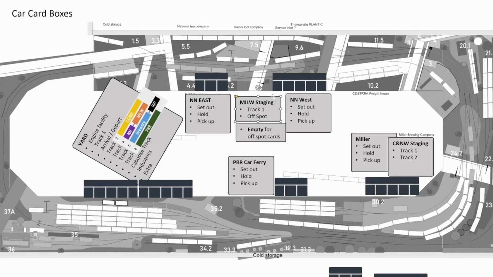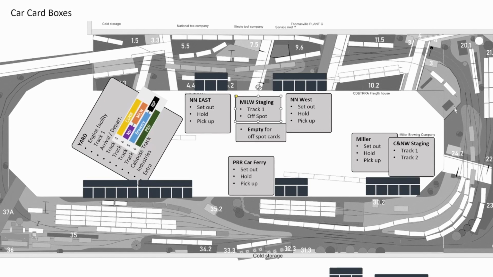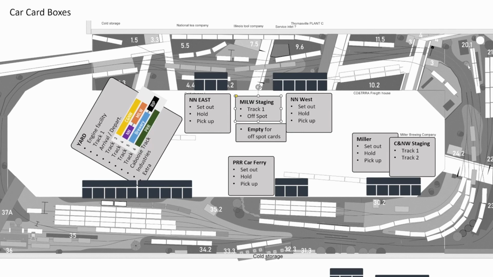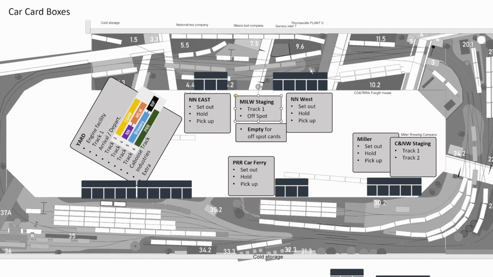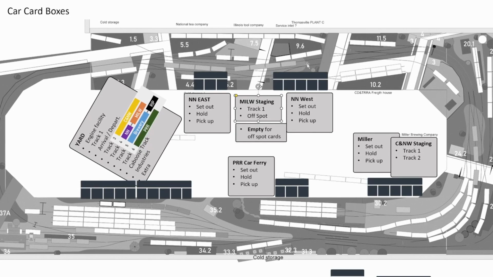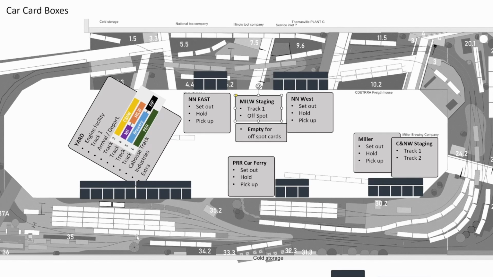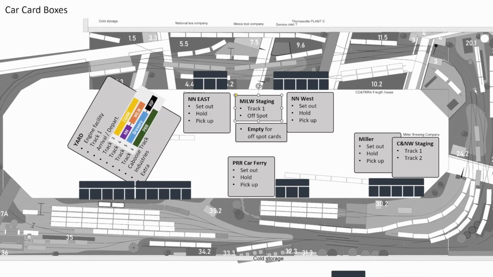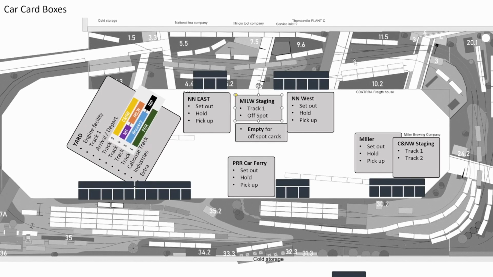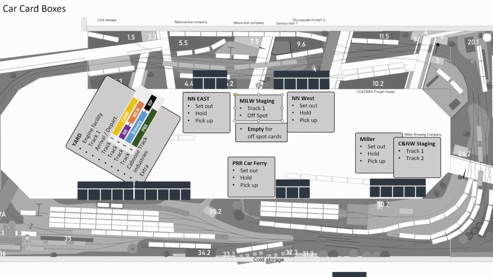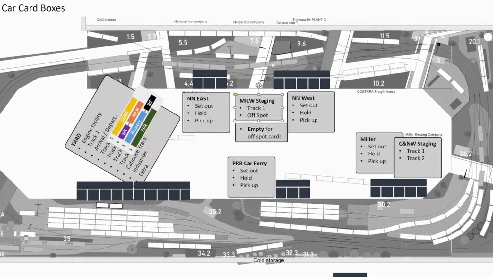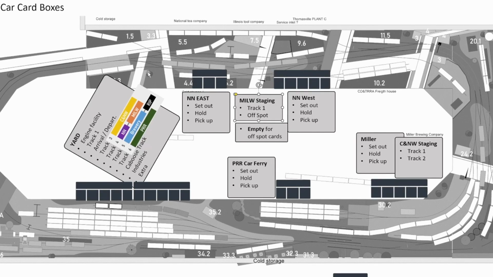Why do I have that? Well, because if we have cars coming in from here on the right of the layout, let's say from the brewery, and they have to go to this interchange that's here in the middle, then they don't need to go all the way to the yard. So what that specific job, that train will do, is drop off spot a few cars in this near north switching area, and then continue its journey.